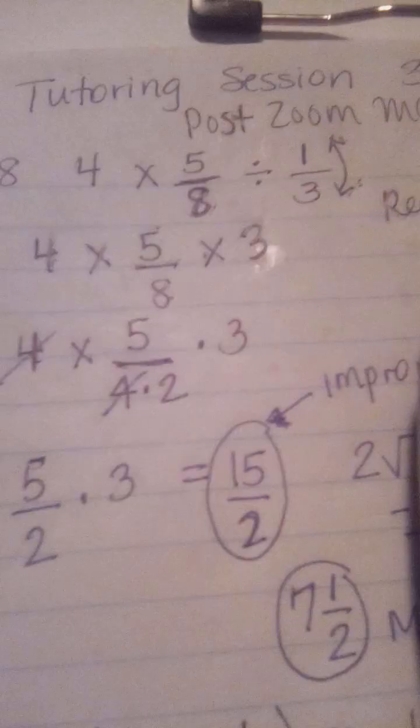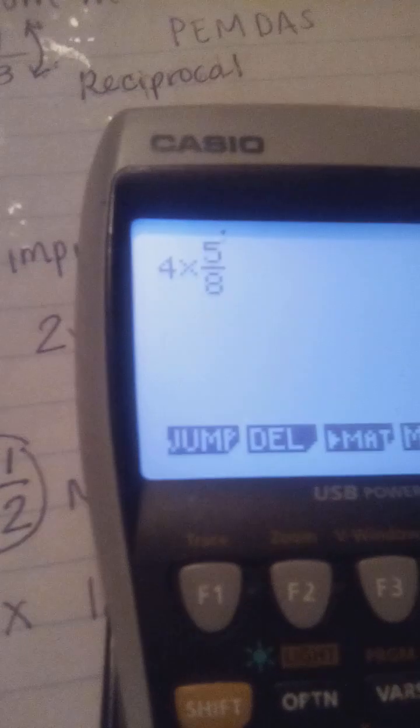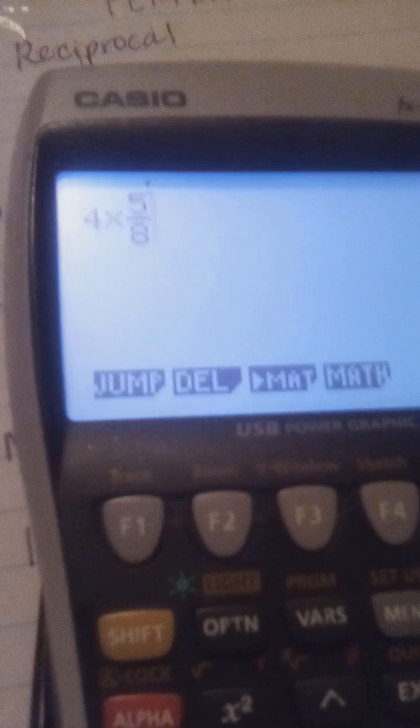Let's check our answer with the calculator. Now I got the calculator out. Let's do the original problem: 4 times 5/8 divided by 1/3.